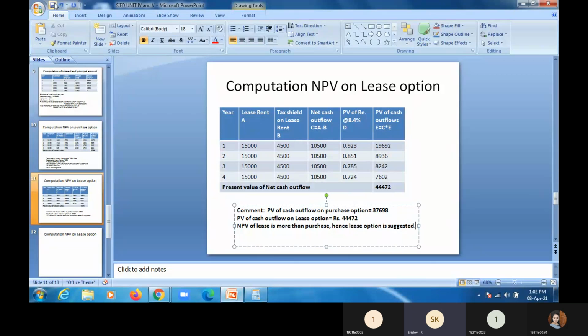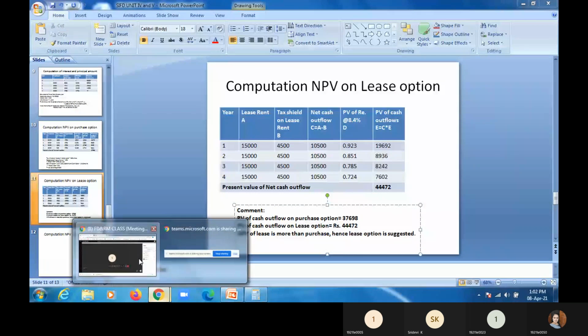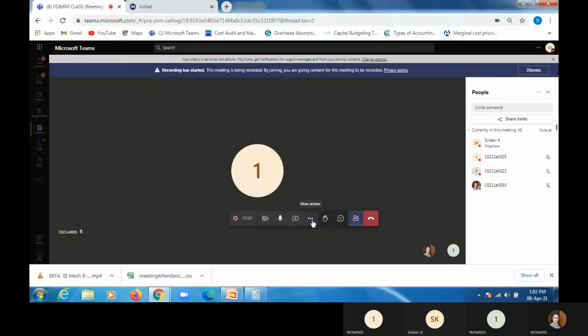So this is how you are going to suggest them. Instead of leasing, if you go for purchasing the asset, that will be beneficial to the organization. Is that clear? Is that clear?